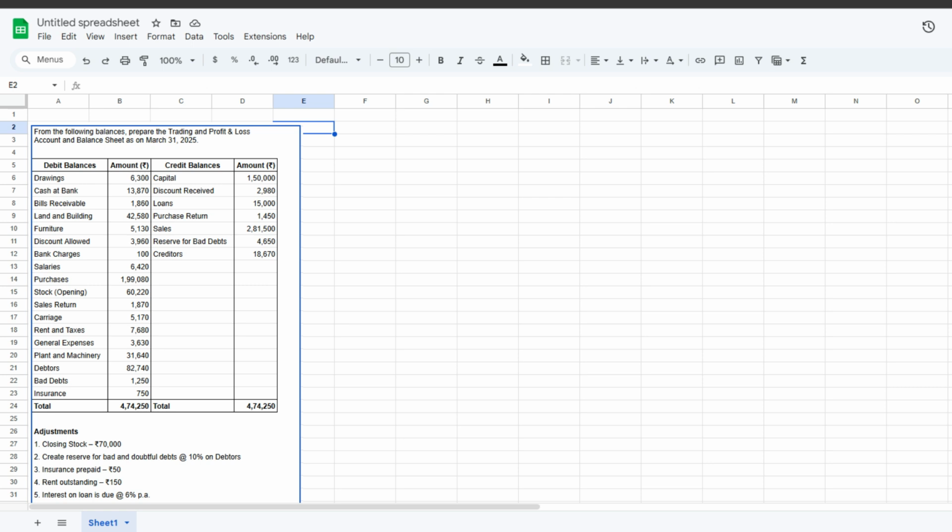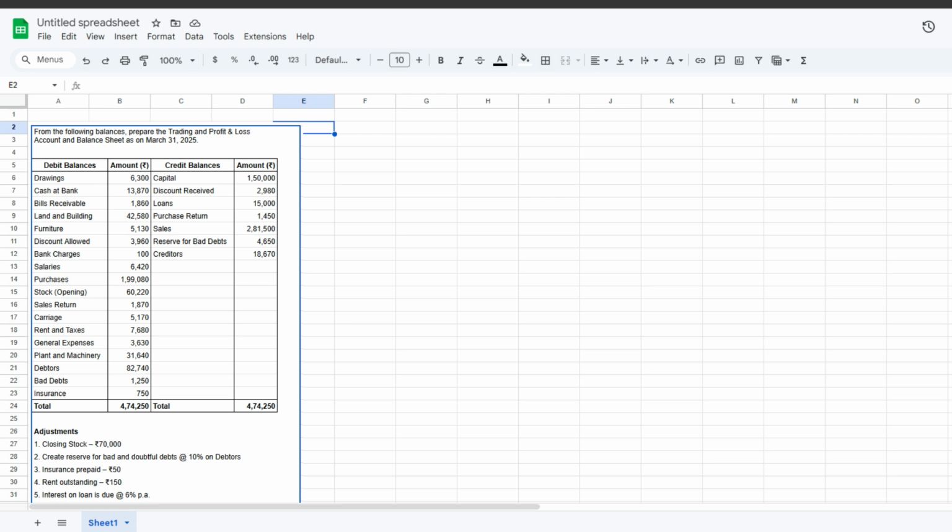Credit balances: capital 1,50,000, discount received 2,980, loans 15,000, purchase return 1,450, sales 2,81,500, reserve for bad debts 4,650, creditors 18,670.